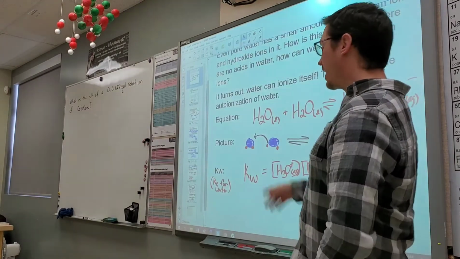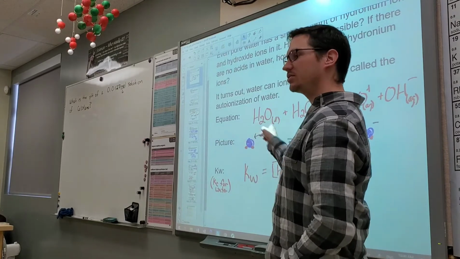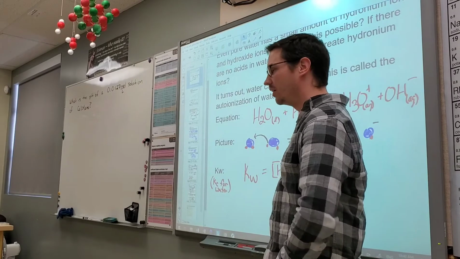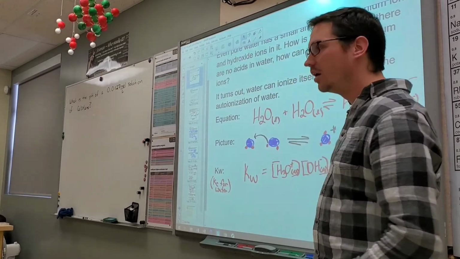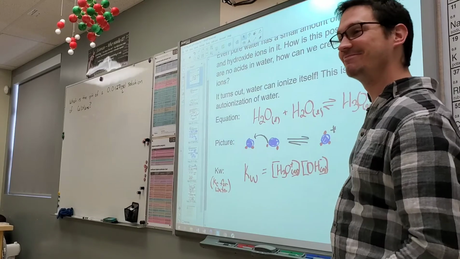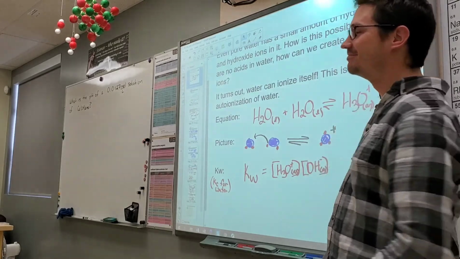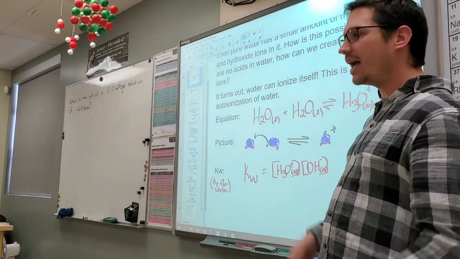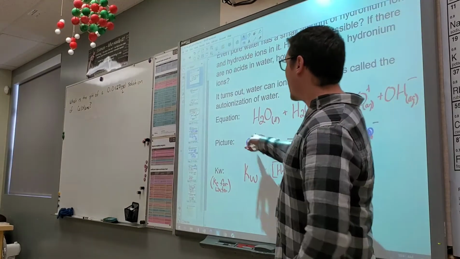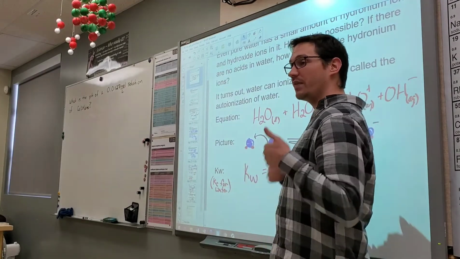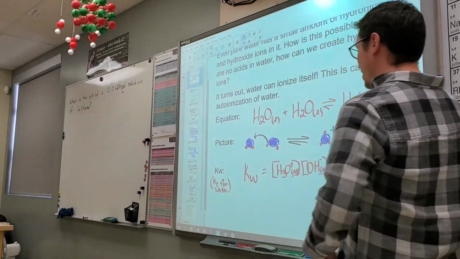Do you think we're going to get more protons being transferred or less if we heat up the temperature of the water? More. Why? Yeah, there's a greater energy in the system. Also, you get more collisions between these molecules, and the more collisions you get, the higher potential there is for a reaction to take place.